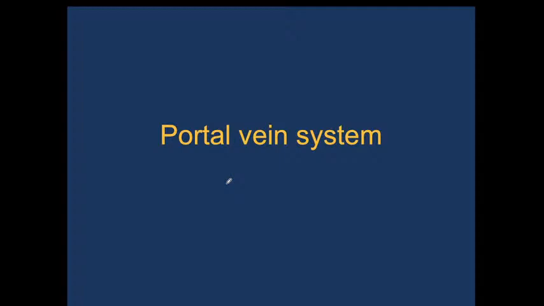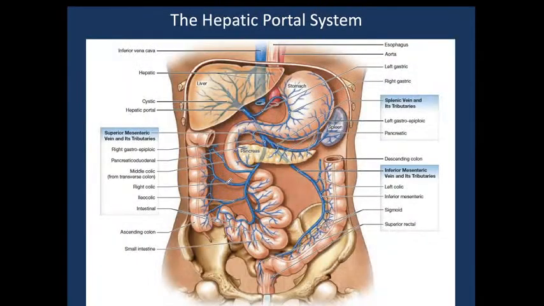And the third is the portal vein system. It is an interesting system because the blood from the abdominal organs, mostly stomach, pancreas, spleen, colon ascendens, transversus, and the small intestine, all comes into the portal system.